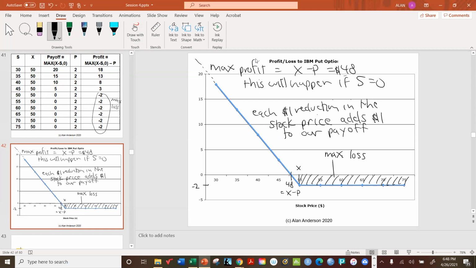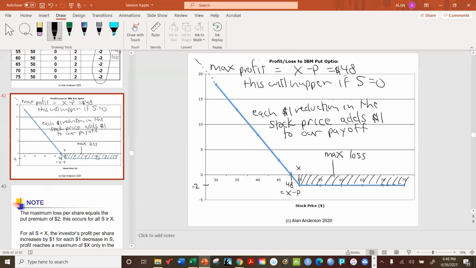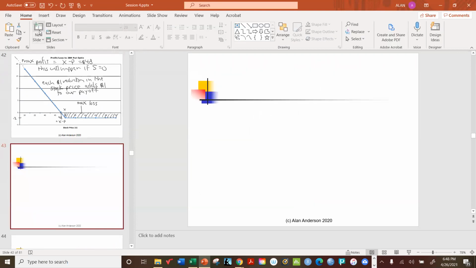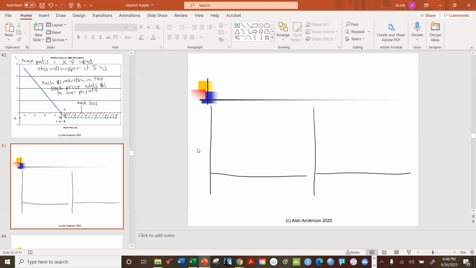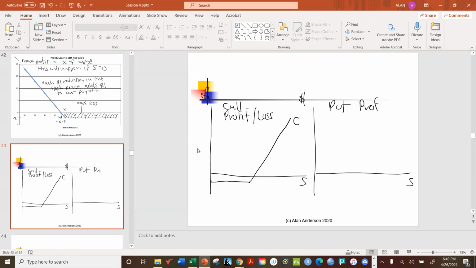The other thing I wanted you to notice is in terms of just geometry, what do we see here? If you draw these together side by side, you'll notice something very interesting. Here's the call, profit or loss. Now, these graphs are not as good as they could be, but, and then the put, profit or loss.